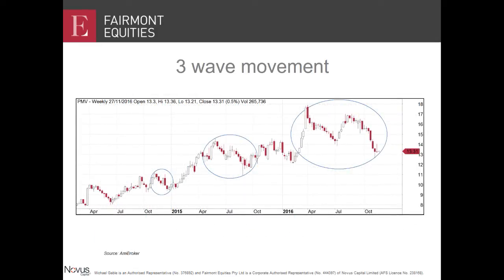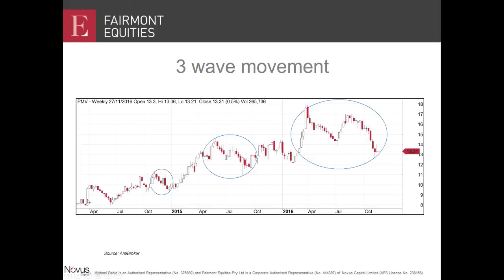So this is a weekly chart of Premier Investments, and I've circled 3-wave declines. So clearly this stock is in an uptrend, and if we're having a 3-wave movement, also known as an ABC correction, then we are correcting against the uptrend. In other words, we're moving in the opposite direction momentarily.